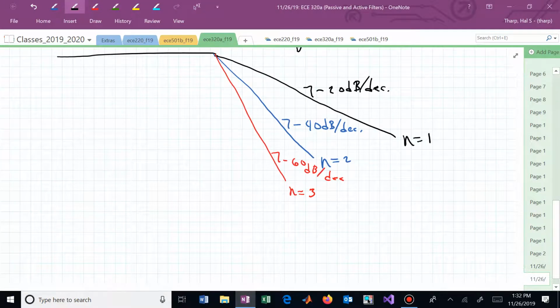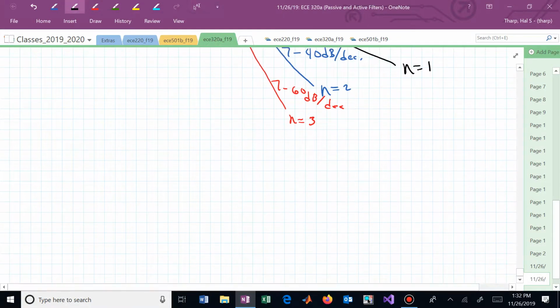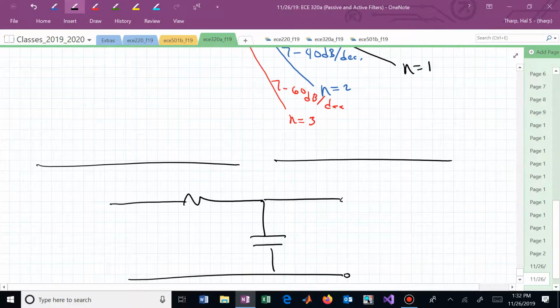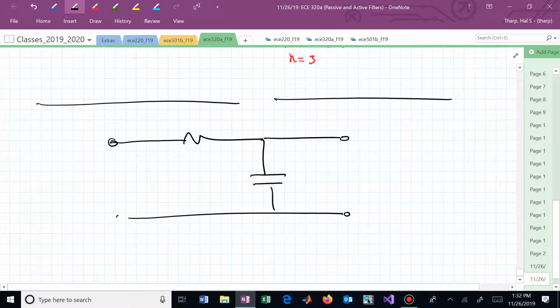And you're going, well, I know all there is to know about designing filters. I know how to design a first-order low-pass filter, passive.